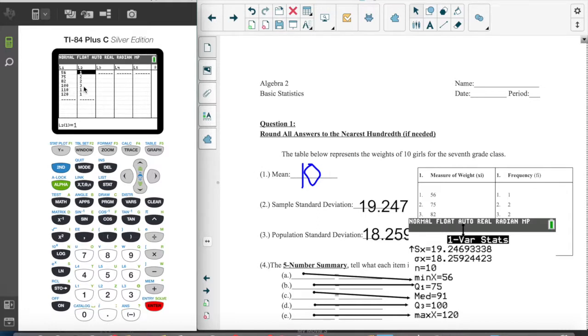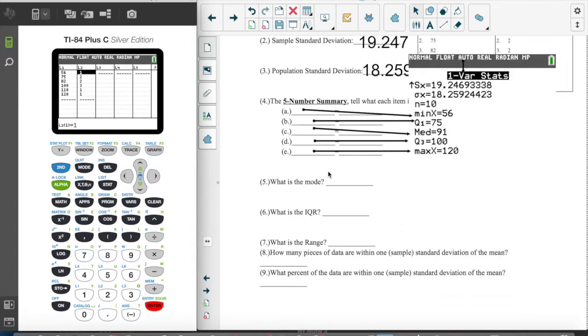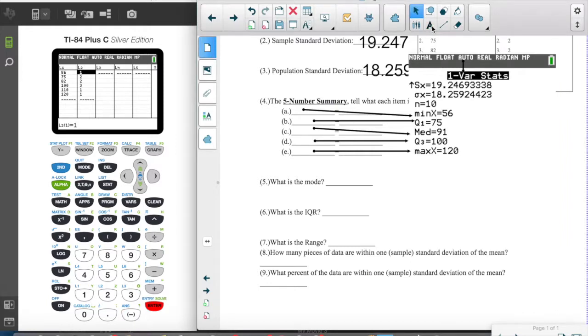So it's the one that's going to have the most. Down below, where it says mode, we're going to put in 100. So the mode is 100.